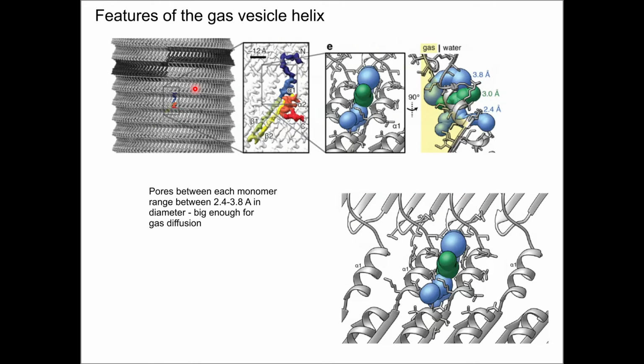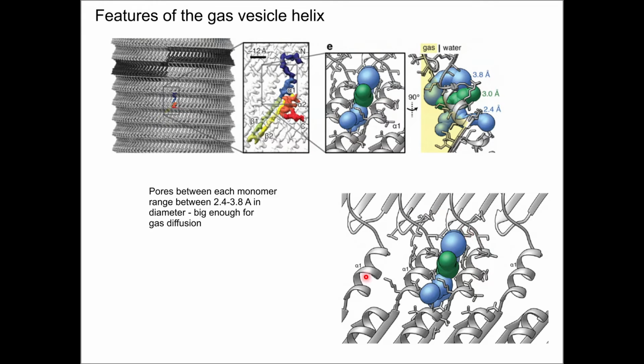Okay, so they too were interested in how gas might penetrate into the center of the gas vesicle. So they noticed that between each neighboring subunit, there appeared to be some kind of gap between the alpha 1 helices of the structure, and they hypothesized that that gap is wide enough for gases to diffuse through. So they conducted a pore analysis of the gaps.